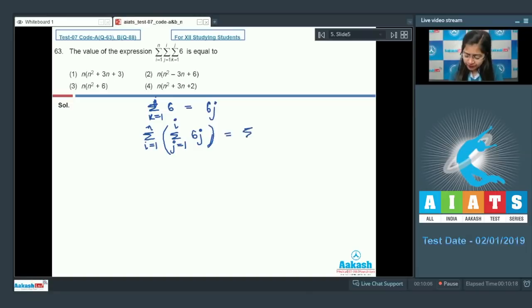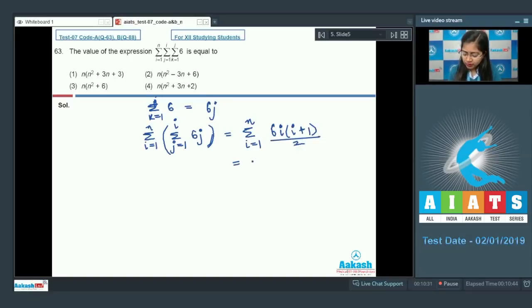So this will be equal to summation i going from 1 to n, taking 6 common, we can write it as j is going from 1 to i, so it will be equal to 1 plus 2 plus 3 up till i. Now we know that sum of that series is equal to i into i plus 1 upon 2.